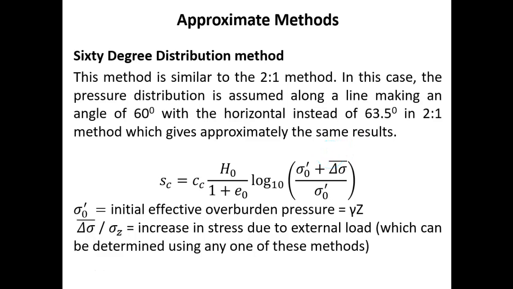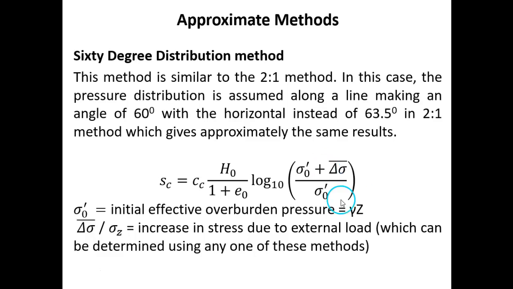So what is the use of finding these stresses? The stresses in soils are required for the stability analysis of soil mass, settlement analysis of foundations, and for the estimation of earth pressures.